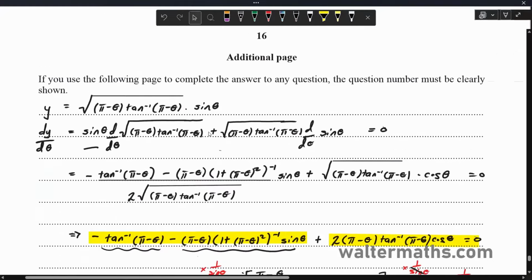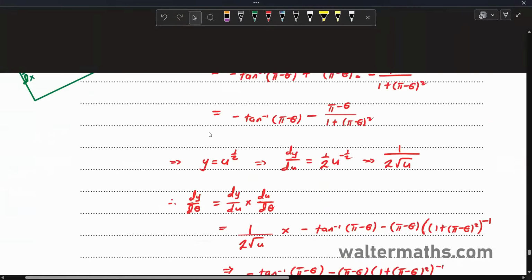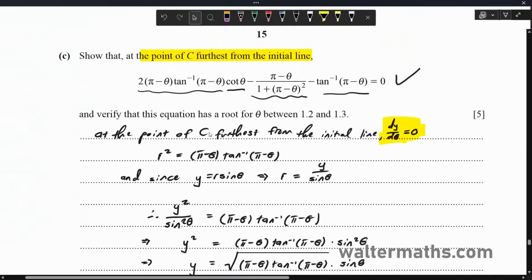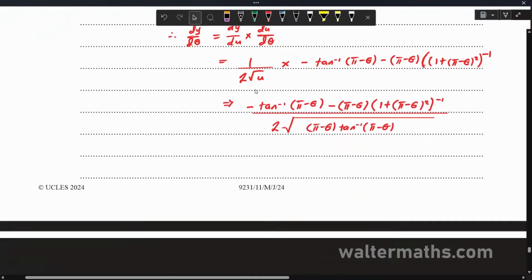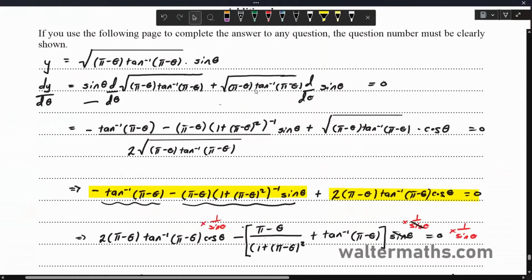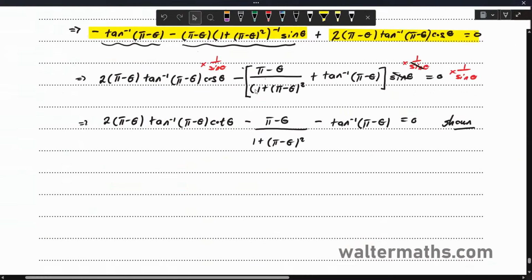On the other part of the question, they say, verify that this equation has a root for theta between 1.2 and 1.3. All right. So we want to verify the roots. Okay, so let's do that. Just if they have opposite signs, right? So this is where we'll be having a sign change, which means that we have to substitute.